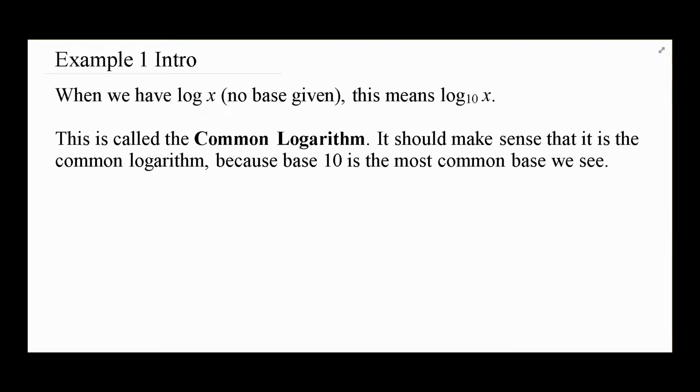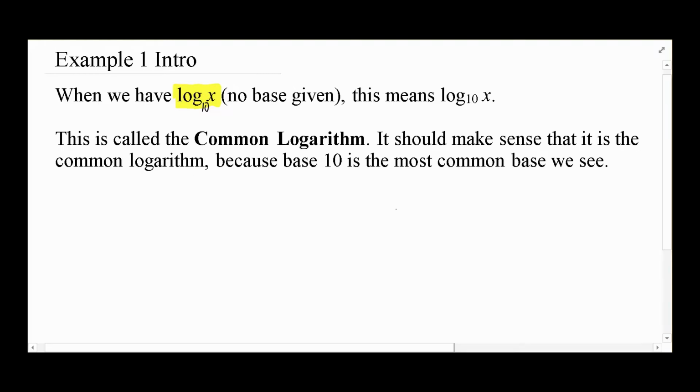So when it comes to the common logarithm, the log of x, there is a base that's assumed that's not written. That base is a base of 10. Now it's called the common logarithm because it is the most common logarithm we would expect to see. When it comes to things raised to powers, 10 to a power is so common. We live in a base 10 world. Our whole number system is built on base 10, where each of the digits that we talk about is a power of 10.